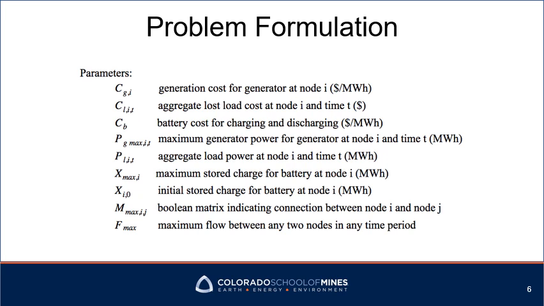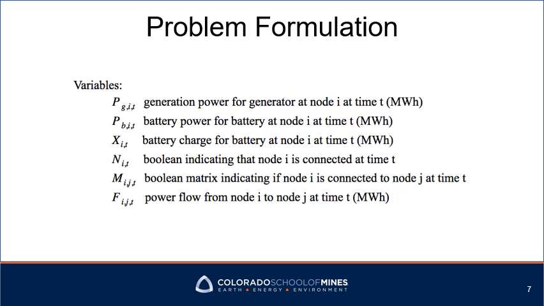So which of the 8 nodes are connected to each other. And then finally, F max is a maximum flow between any of the 2 nodes, which we assumed to be infinite because there was none given. So I believe all of these were given, at least implicitly. Some of them we derived, except for the lost load cost, and I'll talk about that more in a little bit.